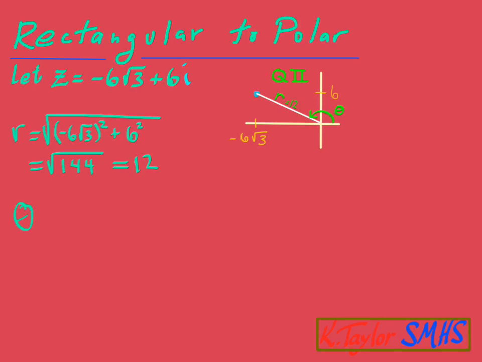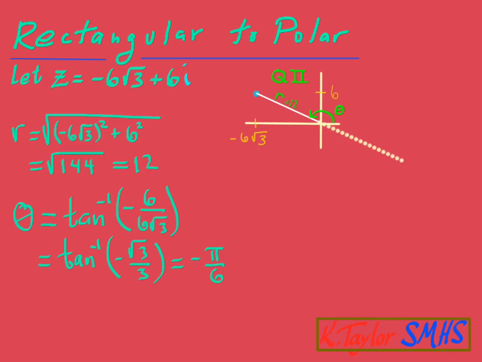So let's find theta now. Inverse tangent of b over a, in this case 6 over negative 6 root 3, and so the whole fraction is negative. That simplifies down to negative square root of 3 over 3. The typical output for the inverse tangent of negative root 3 over 3 is negative pi over 6, which is over there in quadrant 4.